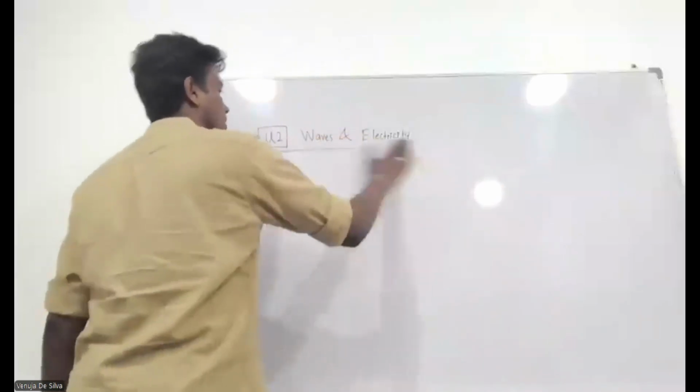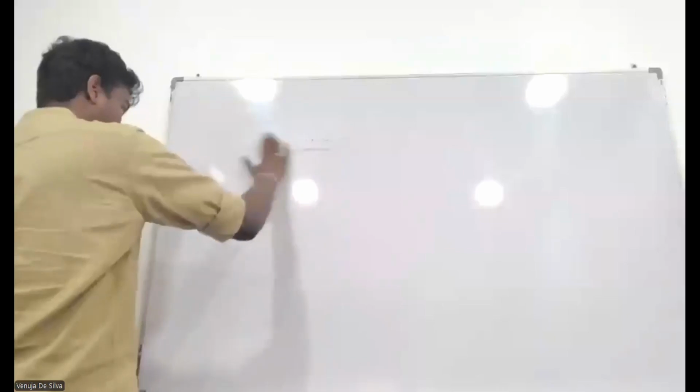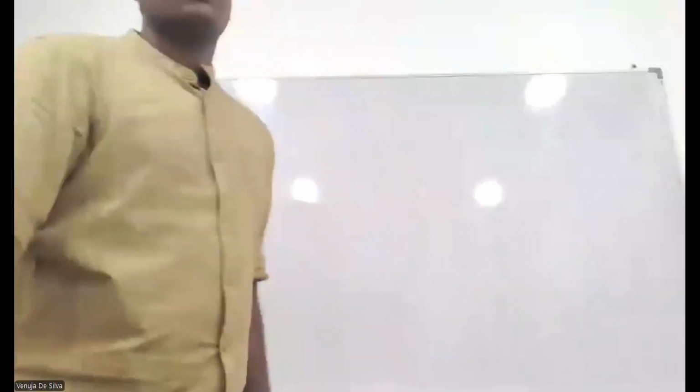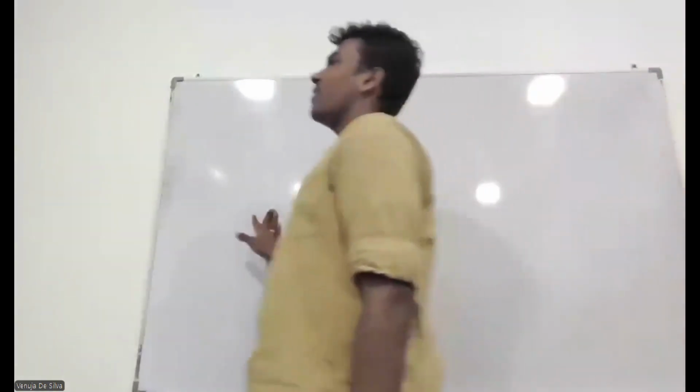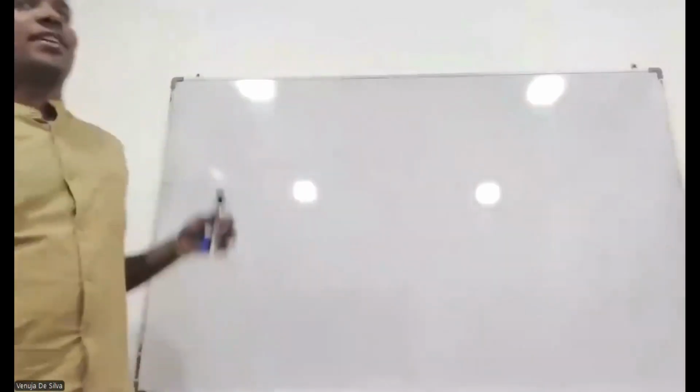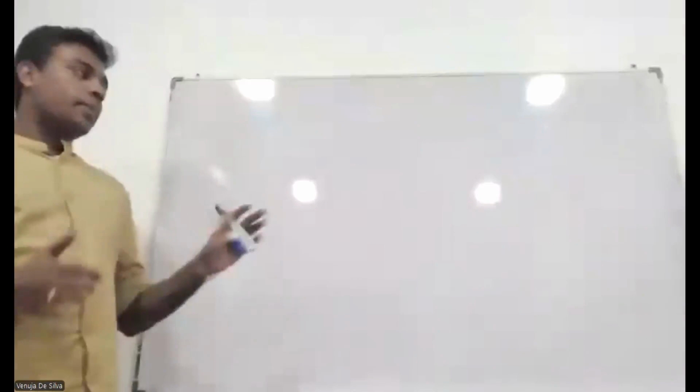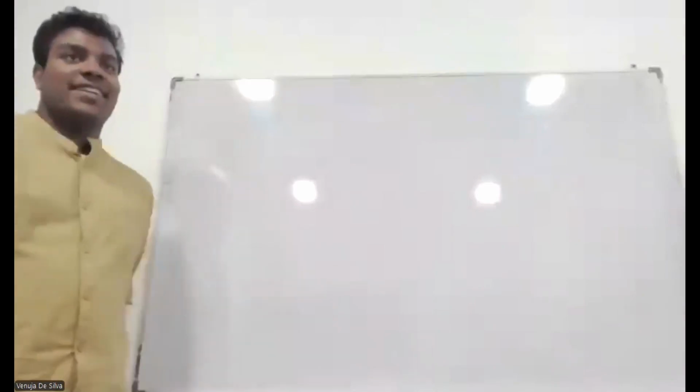What are longitudinal waves? One moves horizontally, other one moves vertically. No. The two words are not horizontal and vertical. The two words are perpendicular and parallel.